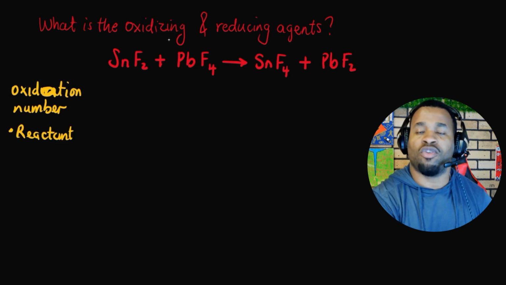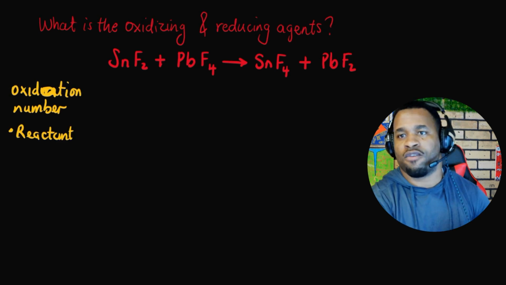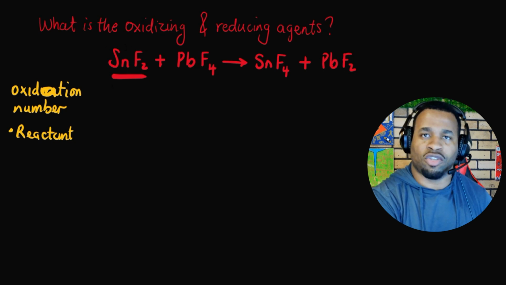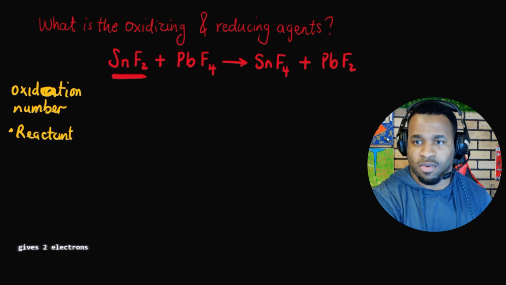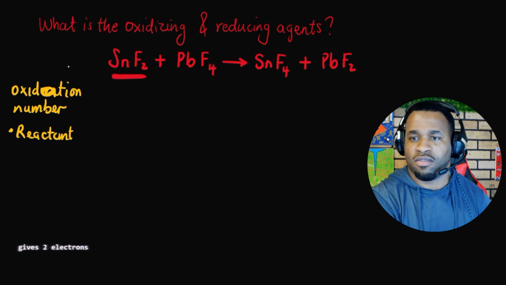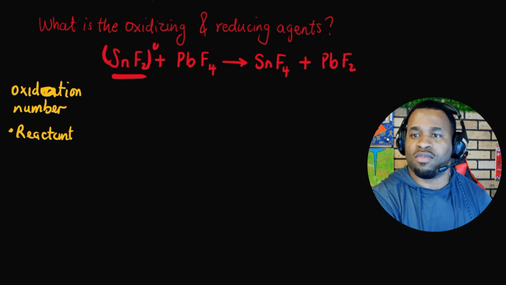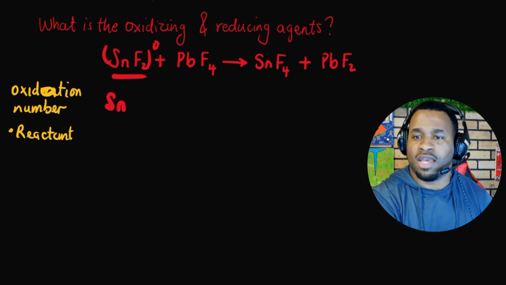And so the solution is as follows. First, we're given this reactant, and we're going to see what the oxidation numbers, or the charges, are for each of the elements in it. The total charge of this species is equal to 0, so we can write our tin and add 2 fluorides.